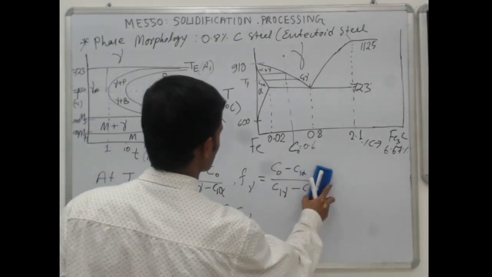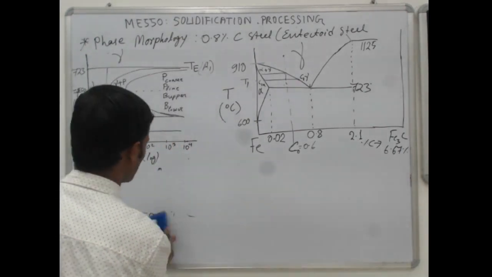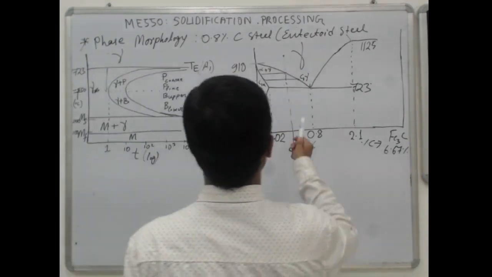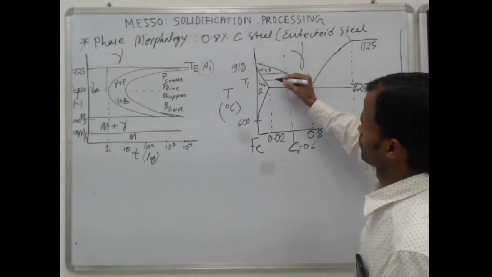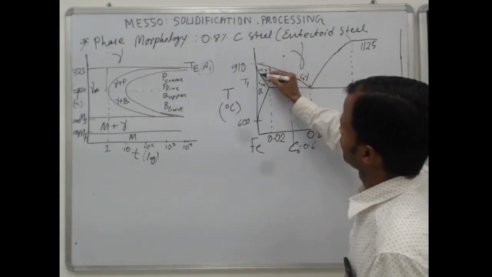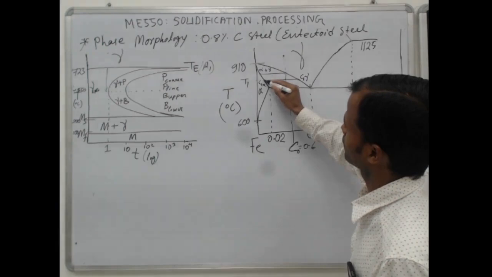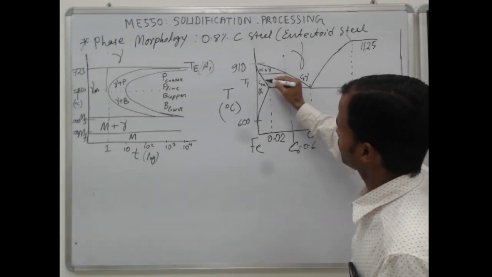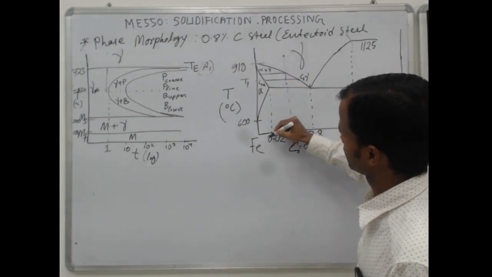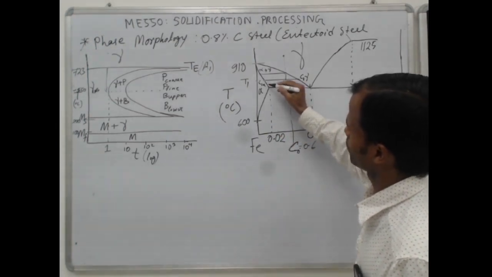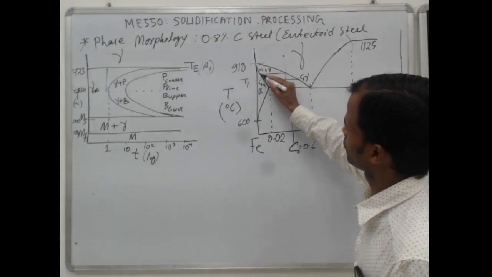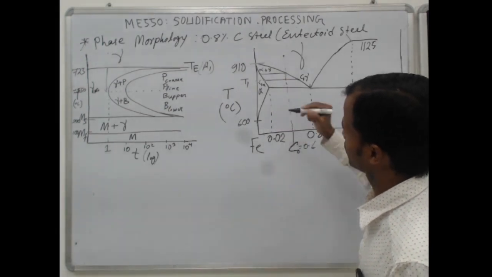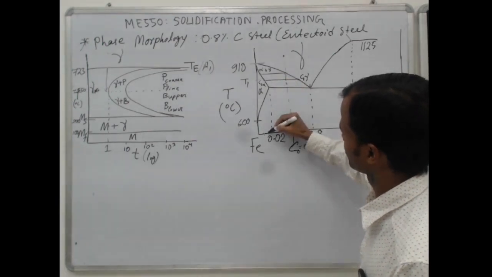Now we are considering a hypoeutectoid steel. For hypoeutectoid steel, as you cool it down, initially you form one alpha, then again you form alpha, again you form alpha, but the solubility of carbon is increasing. The alpha that forms here has this composition of carbon, and the alpha that forms here has this composition.